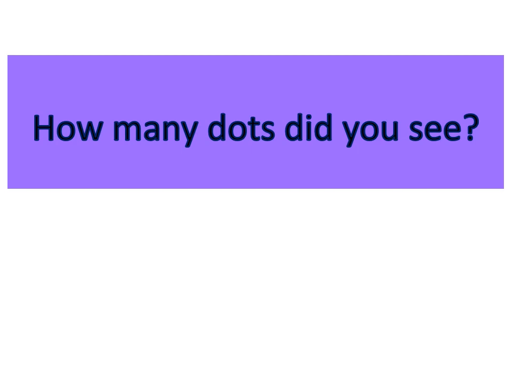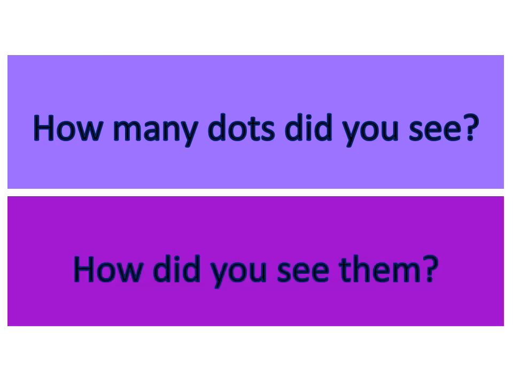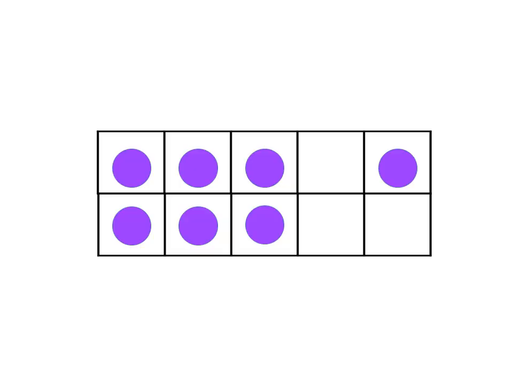Okay, here's another quick flash of another dot arrangement. Pause the video and talk about how many dots you saw and how you saw them. Was the number of dots on this slide really easy for you to recognize? Maybe you noticed a group of dots.